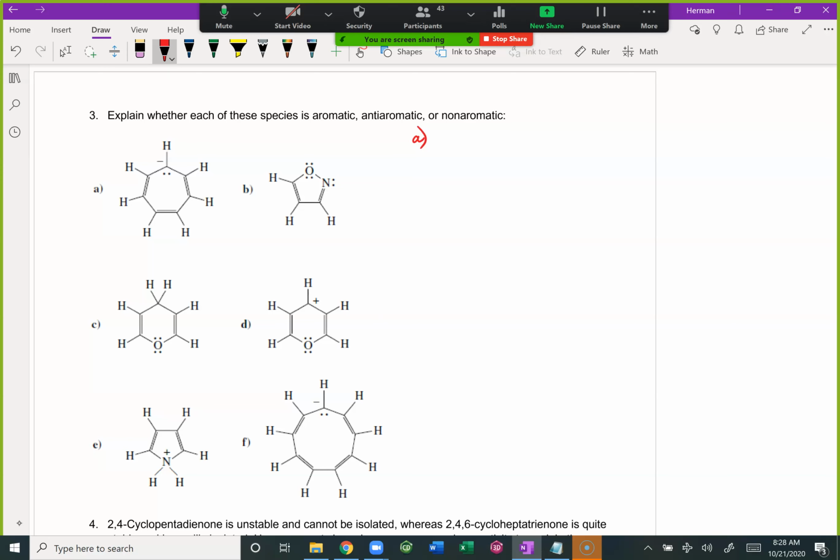How many pairs can you read? Is it 4 pairs? 4 pairs, and the total is 8. So we have 8 pi electrons. So what is that molecule? Anti-aromatic. Very good.